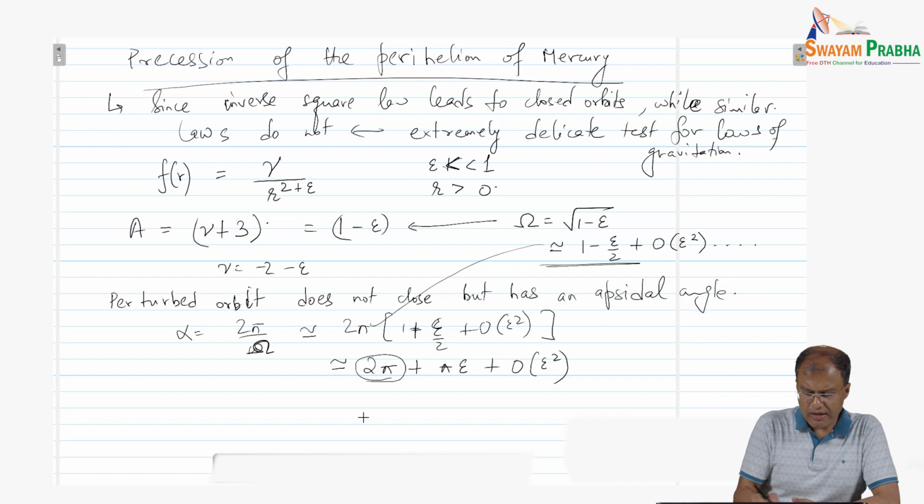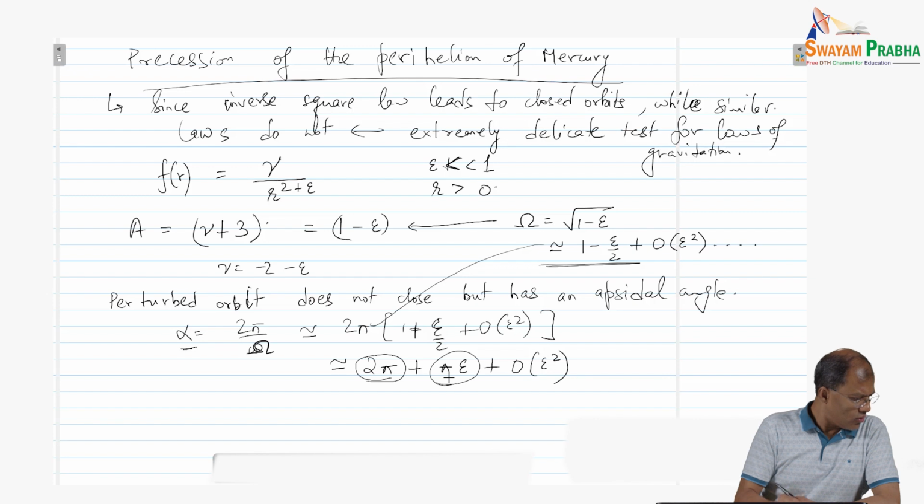So what this means is that with every advance, the planet Mercury is going to cross one revolution, and at every revolution it is going to cross 2 pi by a magnitude pi epsilon, right?